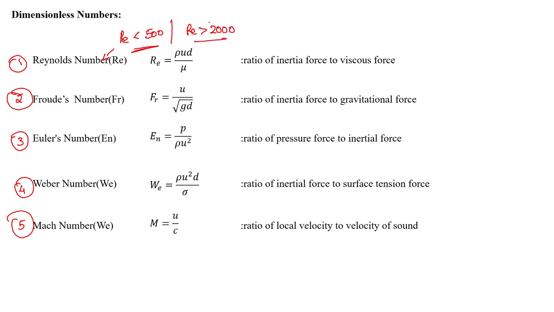This Re classifies the nature of flow inside pipes. If the Reynolds number of the flow is less than 500, we say it is laminar flow, and if it is more than 2000, we say turbulent flow.